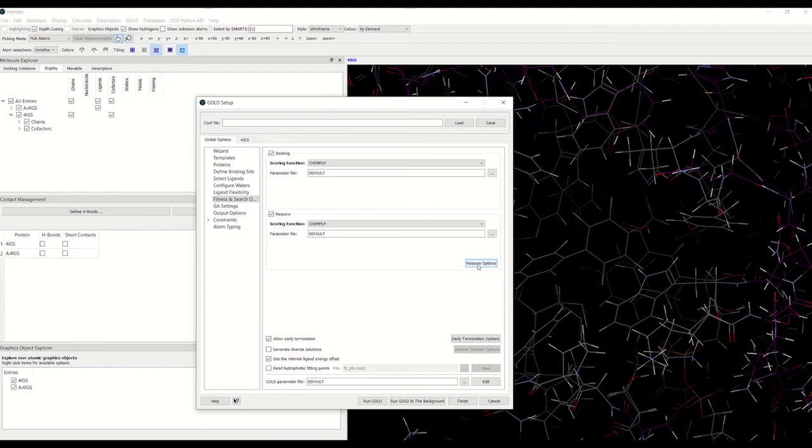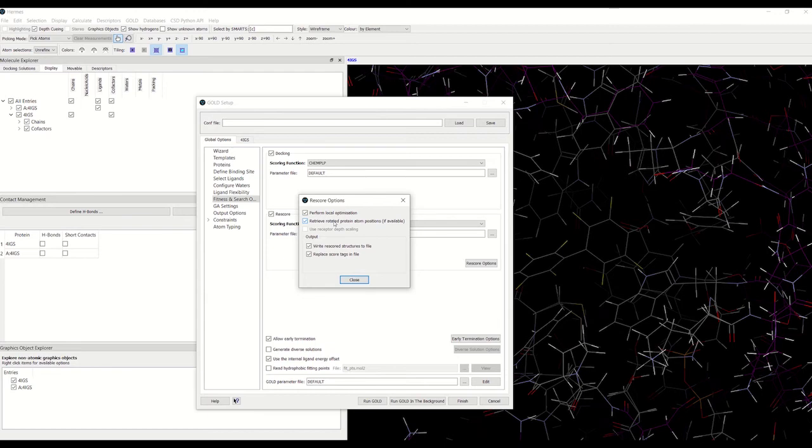Rescoring also has several options. By default, it performs a local optimization with the scoring function you choose. Retrieving rotated protein atom positions means that it is possible to use the optimized positions of the polar protein hydrogen atoms that were generated during the original docking.